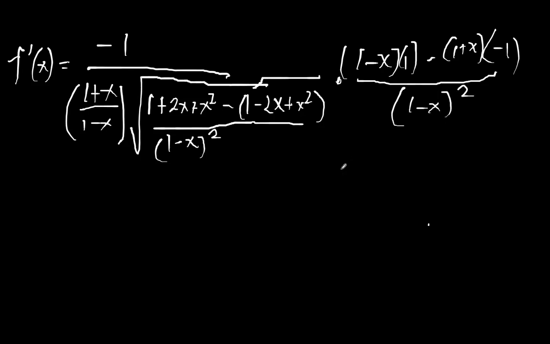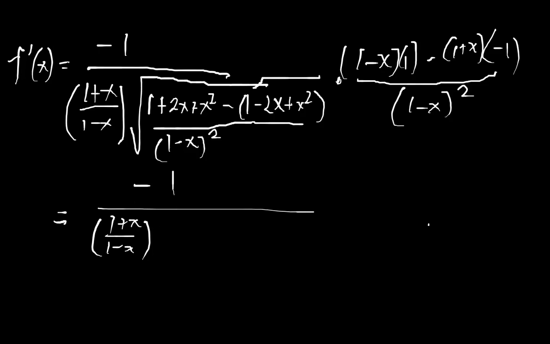My hand is tired. Okay, so let's simplify. Negative 1. There we go. That's 1 plus x over 1 minus x.